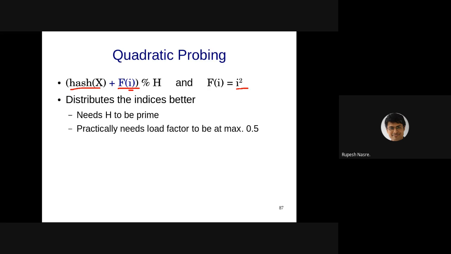So typical load factor is the average. Like in case of chaining, we said that this is going to be the number of elements inserted divided by the size of the hash table. Now the number of elements inserted could be much larger than the size of the hash table because we were using chaining.